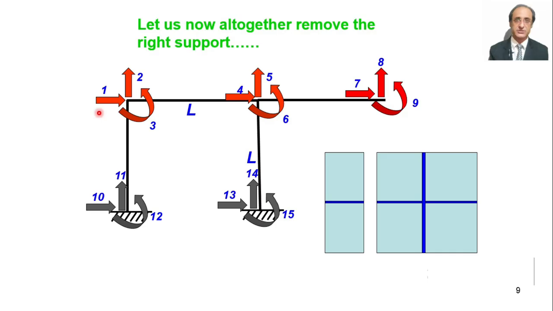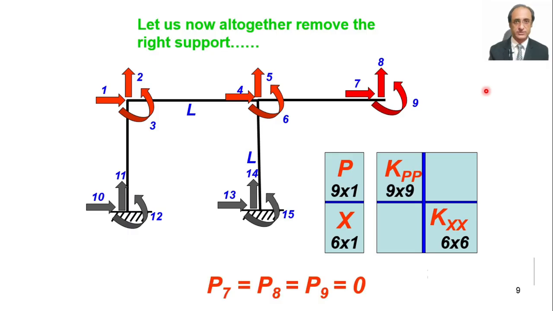So the sizes of P and X would vary, but KTS would remain the same. Here P would be 9 by 1, X would be 6 by 1, KXX 6 by 6 and KPP 9 by 9, but KTS would remain the same. And because there are no loads acting along these degrees of freedom, the corresponding entries in the load vector, P7, P8 and P9, would all be 0.